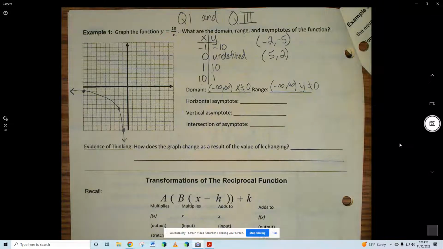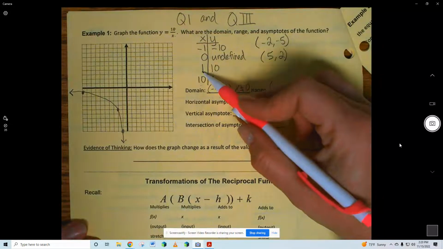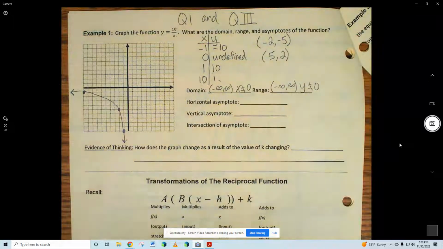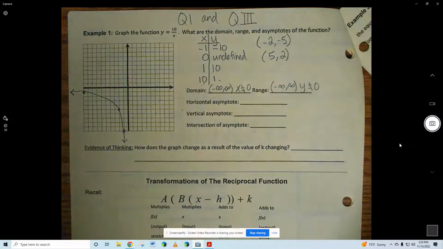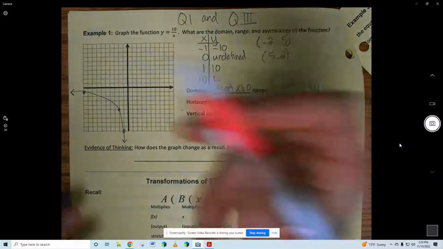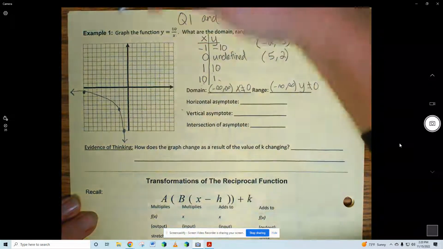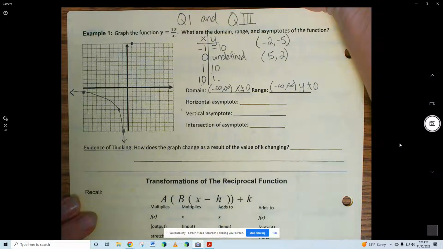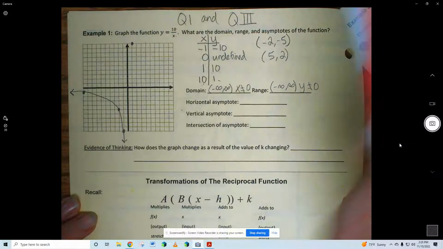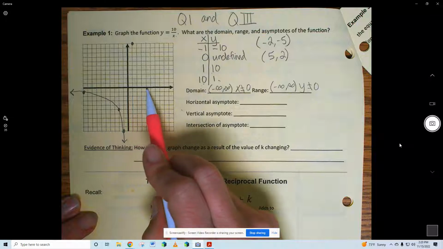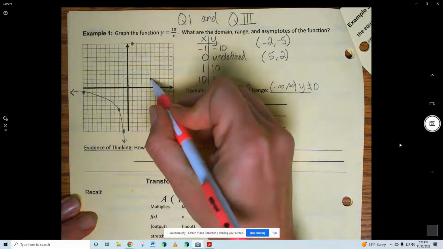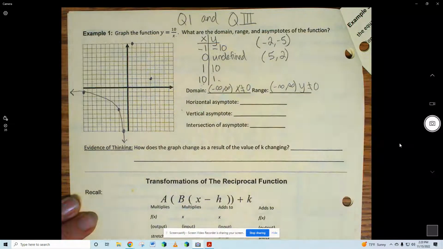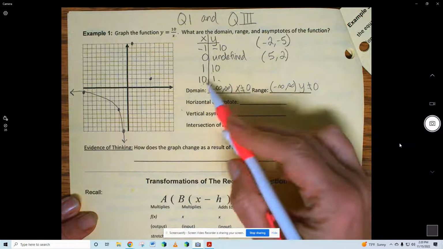Quadrant 1: 1, comma 10 and 10, comma 1. Graph those. Oh, and 5, comma 2 you could do. Okay. 1 over, up 10. 5, comma 2. 10, comma 1.